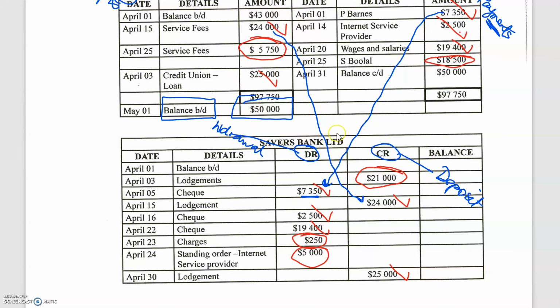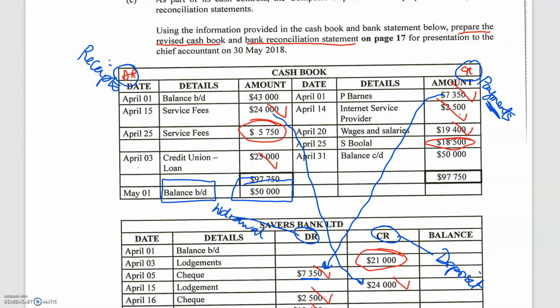And in our cash book, we had circled previously a service fee of $5,750 and a payment to S. Bulal of $18,500. So these two items are going to appear in our bank reconciliation statement.